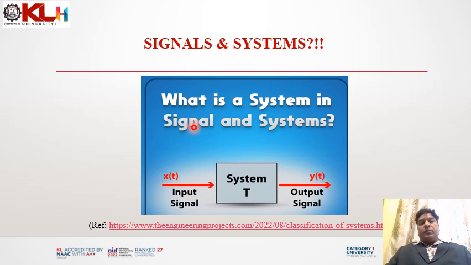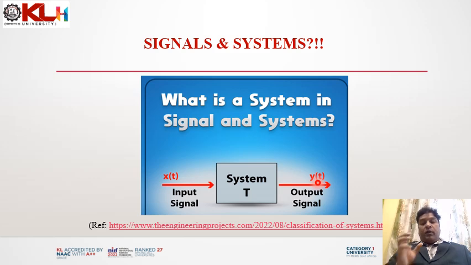Now here we are showing the block diagram of the signals and systems. We can see that the signal is described as x of t, which is the input signal, and the system is described as tau. Tau is whatever operations are performed by the system, and the output signal is described as y of t.